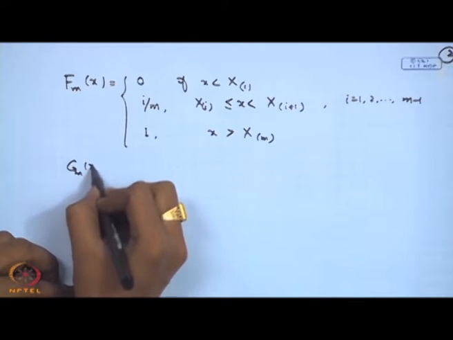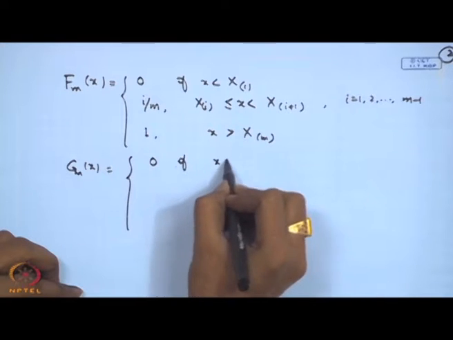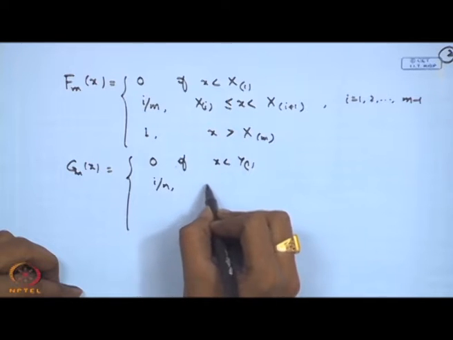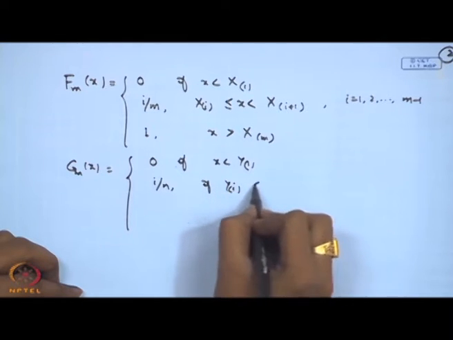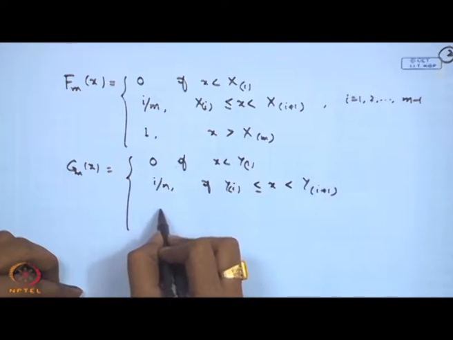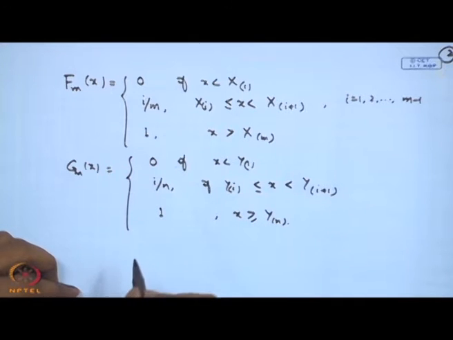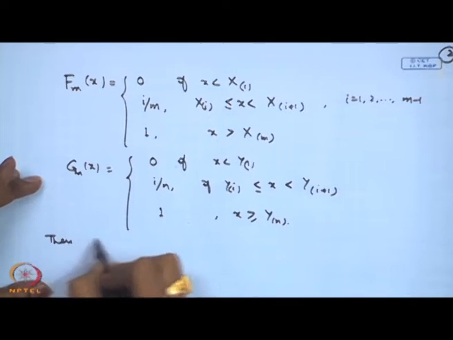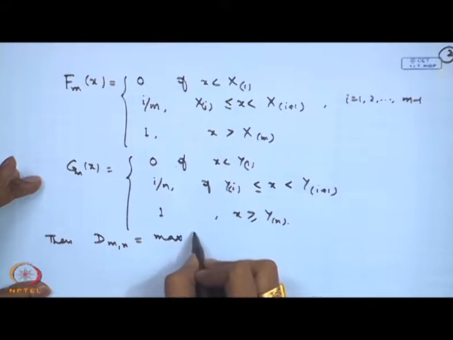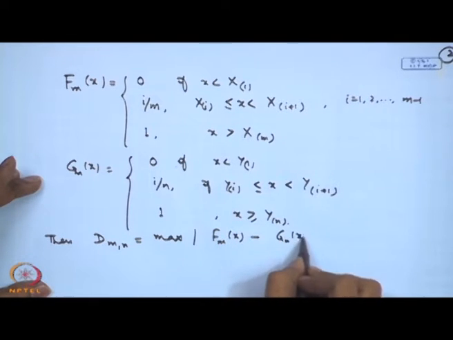Similarly, Gn(x) is equal to 0 if x is less than y1, it is equal to i by n if yi is less than or equal to x less than y(i+1), and it is equal to 1 if x is greater than or equal to yn. Then Dmn is equal to the maximum of |Fm(x) minus Gn(x)|.